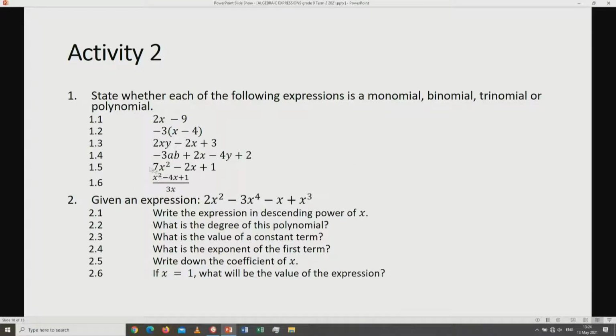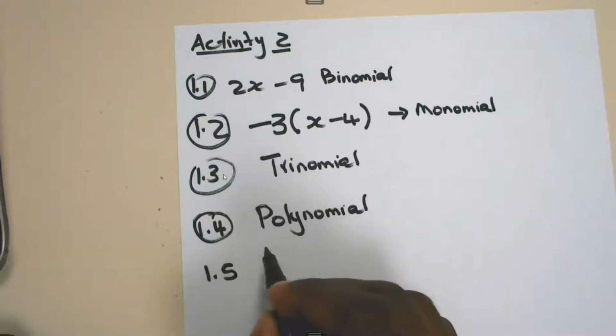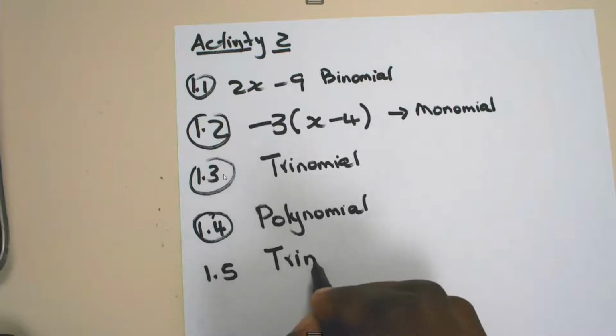How many terms is 1.5? It's 7x squared, the coefficient here is that, and negative 2x plus 1. How many terms? 1, 2, 3 terms. So if it is 3 terms, at 1.5 we say it's a trinomial.